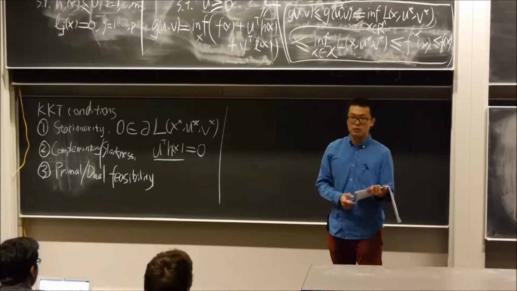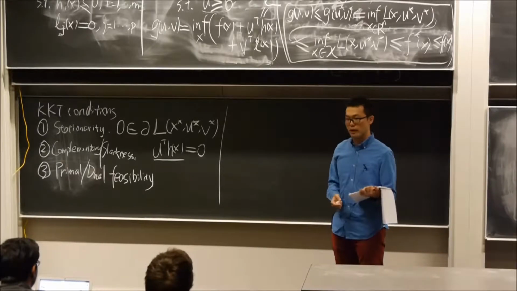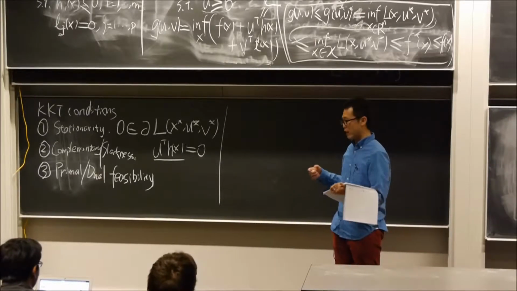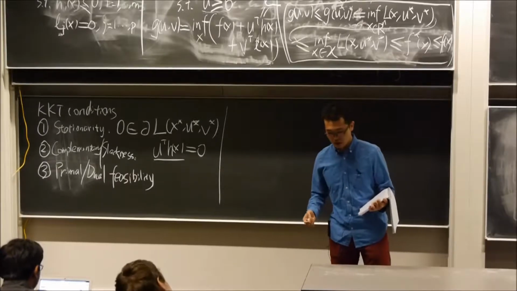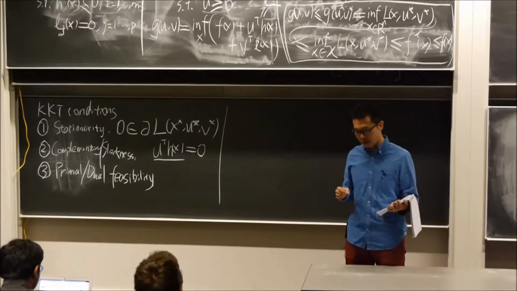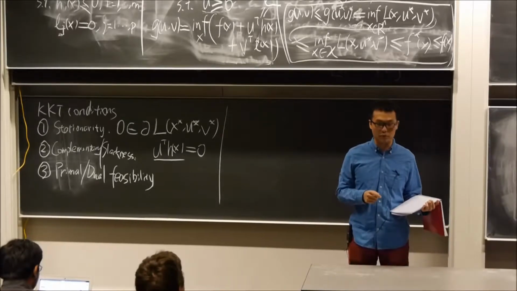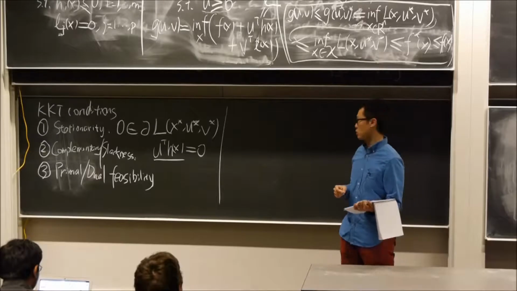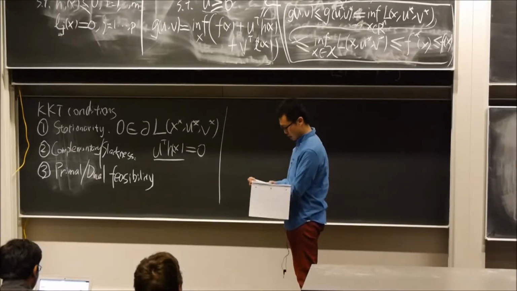When you have a problem, you usually only have the primal form. So the first thing you need to do is to derive the dual. Then after you have the dual, the next thing you need to do is to check what properties are satisfied by the optimal solutions of the primal and dual optimization programs. So let's start by deriving duals.